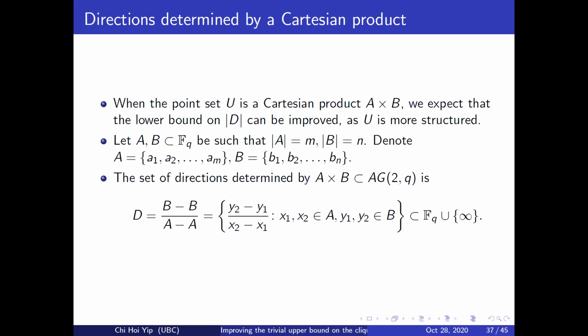Then the set of directions determined by this Cartesian product will be (y2 - y1)/(x2 - x1), where x1 and x2 are elements in A, and y1, y2 are elements in B. Because the point set is a Cartesian product, the direction set is much easier to describe. And again, the direction set will be a subset of F_q union the infinity.